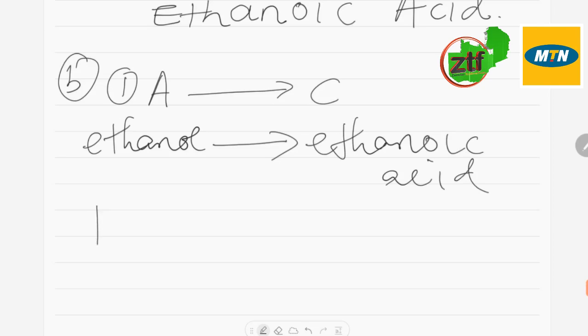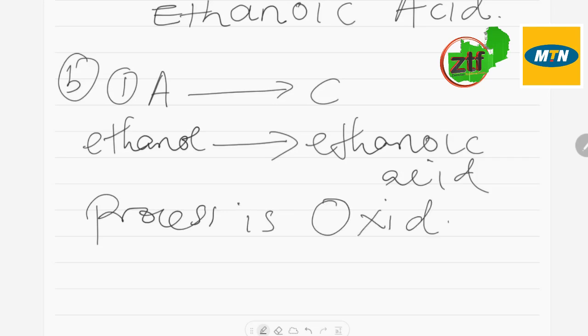So the process is known as oxidation. That is our solution. When ethanol is converted to ethanoic acid, the process is known as oxidation.